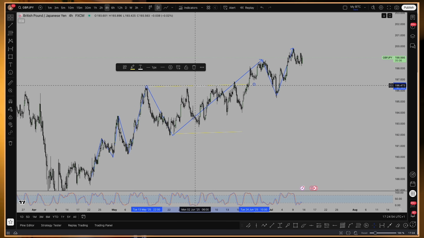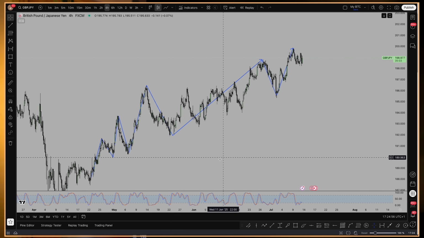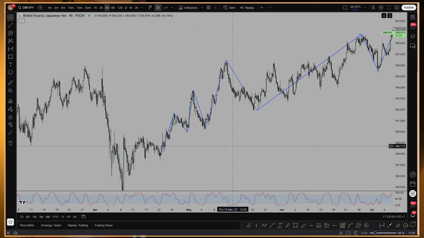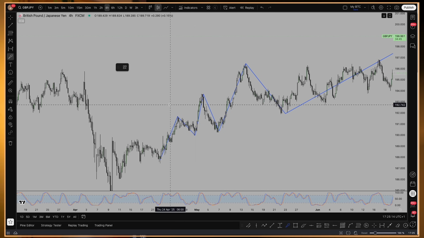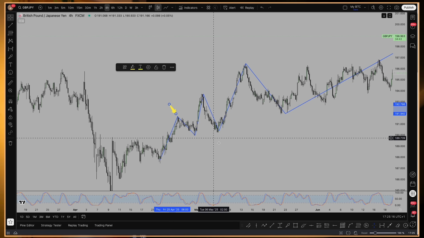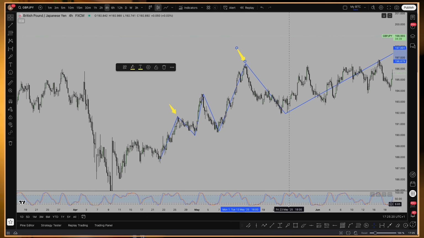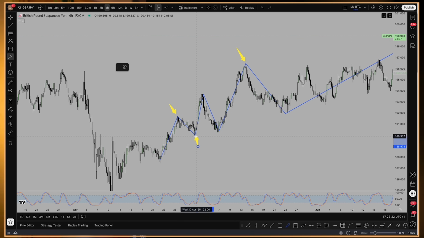Now, one other thing to know is that when the market is making highs and lows, there must be break of structure. See what I mean? So look at this particular swing point. This is a swing point. This is also a swing point. This is a swing point. This is a swing point. So just use basically their lows and the highs.